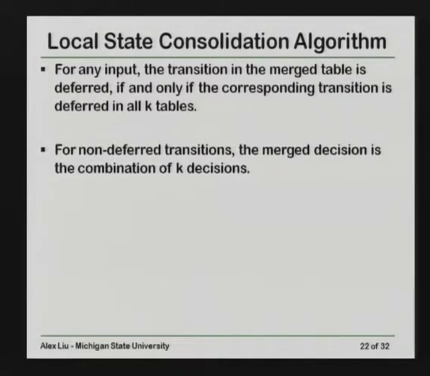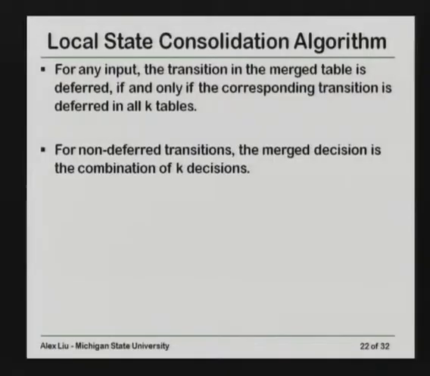And the local state consolidation algorithm. Here there are 2 points we want to make. One is, for any input, the transition in the merged table is deferred if and only if the corresponding transition is deferred in all the K tables. If there are K tables, different tables defer different transitions.